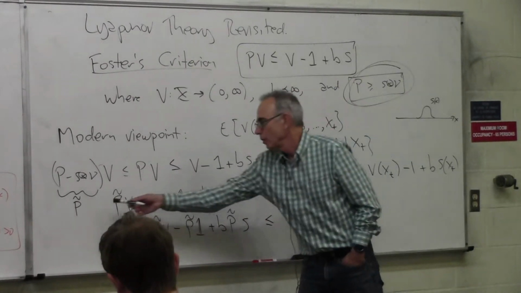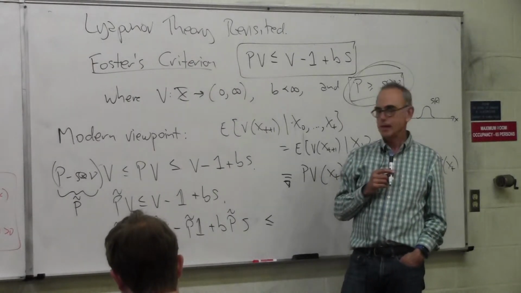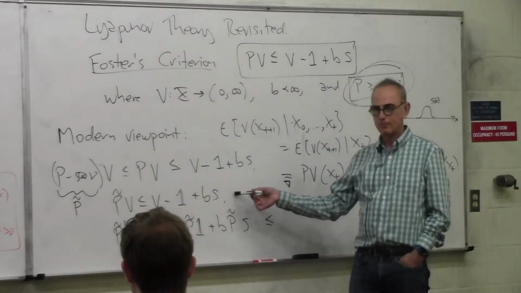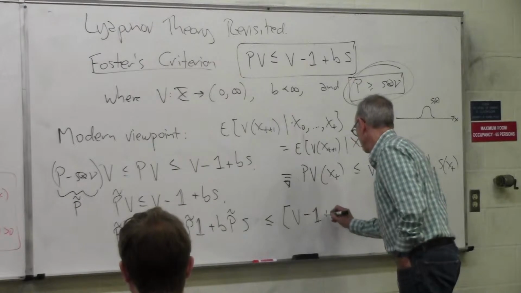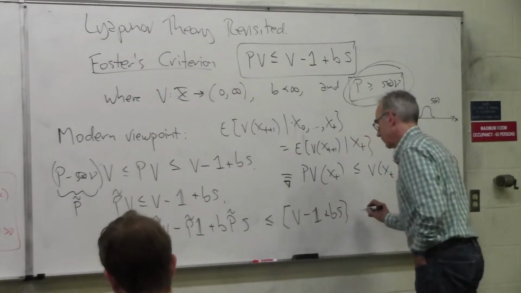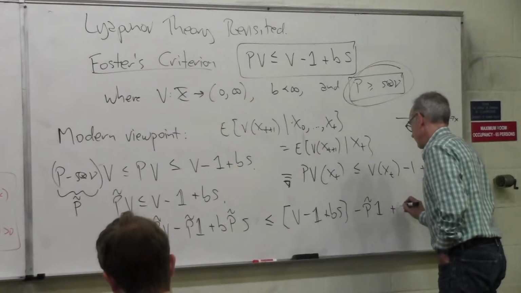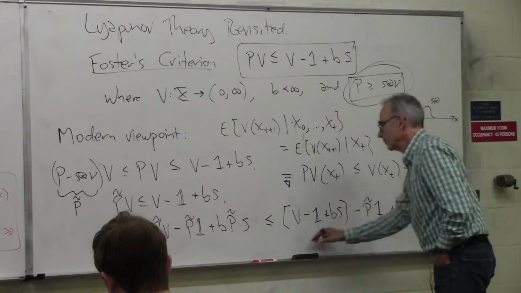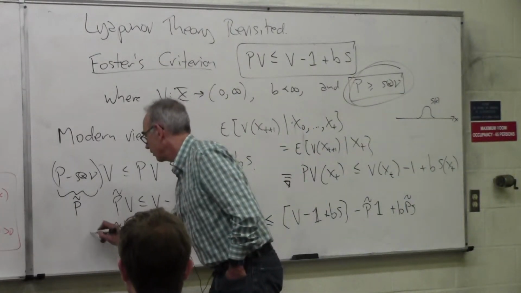I just multiply both sides of this functional equation by P tilde. And then I've got P tilde V, which I can substitute in again. I can do this over and over again, and also, very importantly, that's greater than or equal to 0.